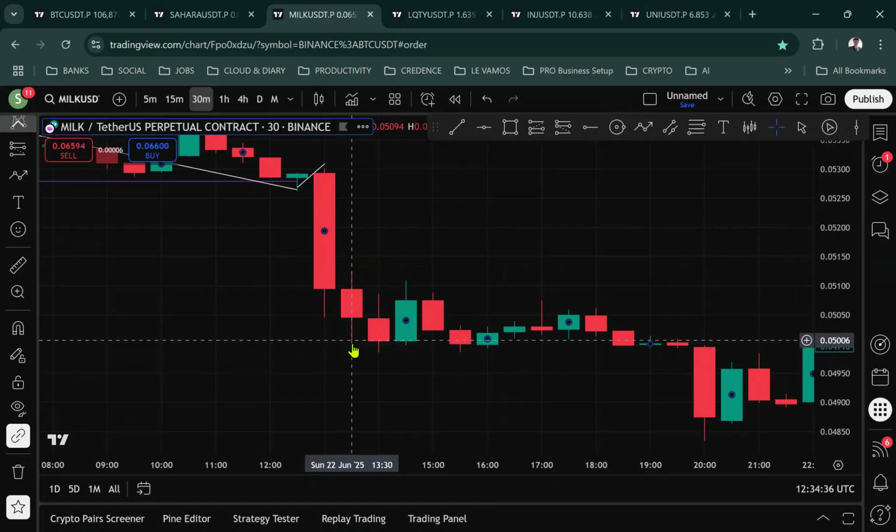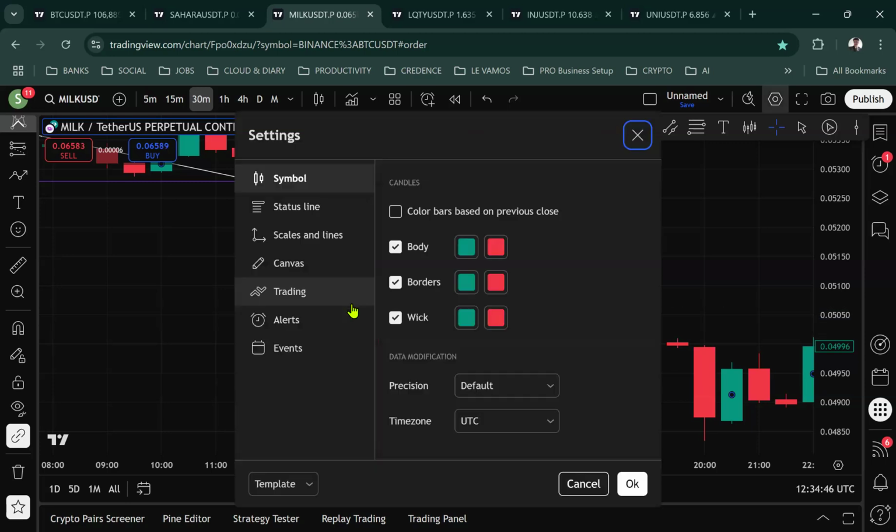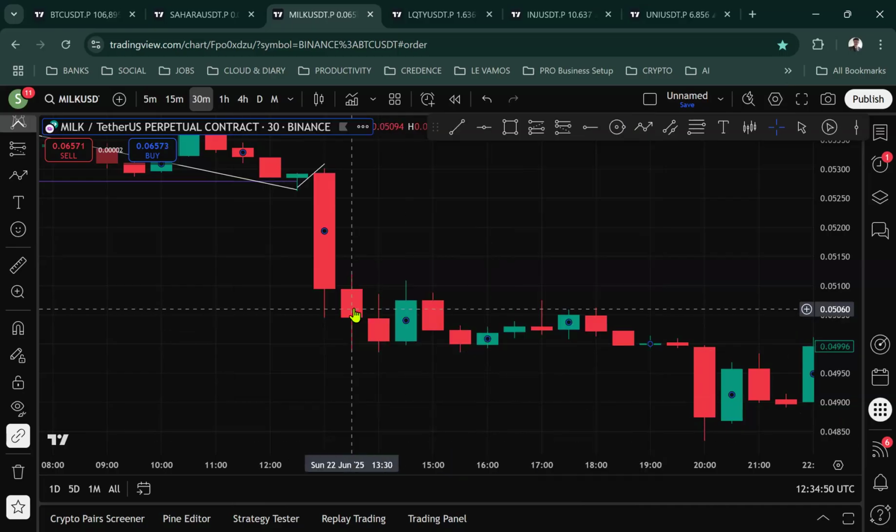How do we know the exact price of the candle? To identify that, when you place your cursor on the candle, you're going to see the open, the high, the low, the close.